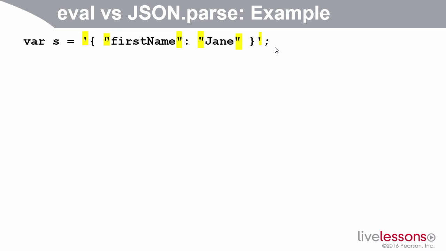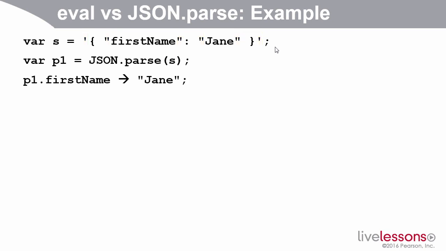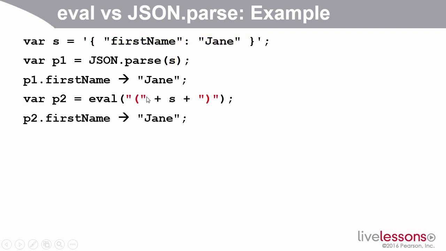So the content of that string is strict JSON. If I wanted to evaluate it with JSON.parse, I just pass it directly. And now P1 is a real object. It's as if I had said P1 equals that thing directly. But if I'm going to pass it to eval, I would have to put parentheses around it first.